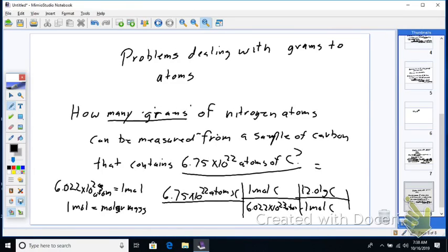We get an answer of 13.5 times 10 to the 23rd. Okay, we're going to move the decimal over, 1.35, that times 10 to the 24, and that would be atoms of carbon. So that's how you do those types of problems.